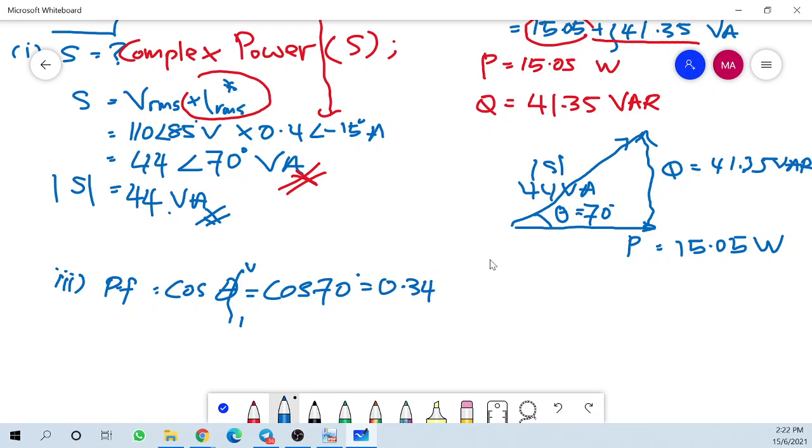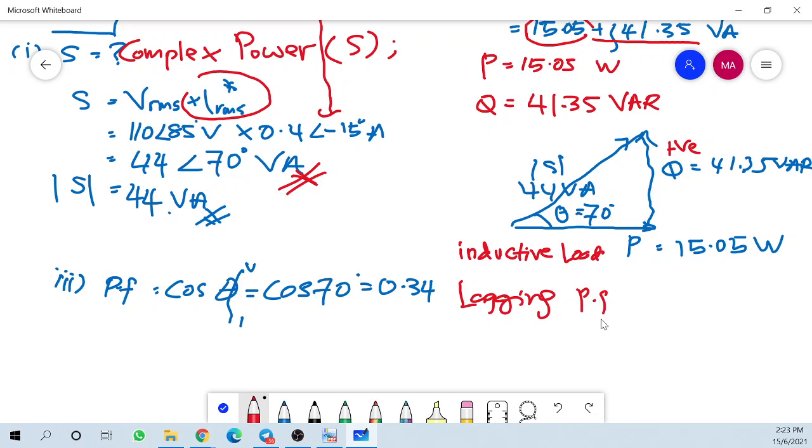Okay, the question is, is our power factor lagging or leading? In this case we look at the power Q. Is Q positive or negative? In this case, our Q is positive. Positive Q, so we have an inductive load. When we have an inductive load, our power factor is lagging.